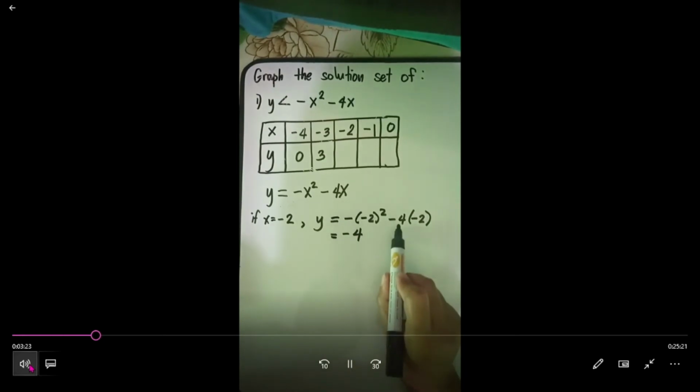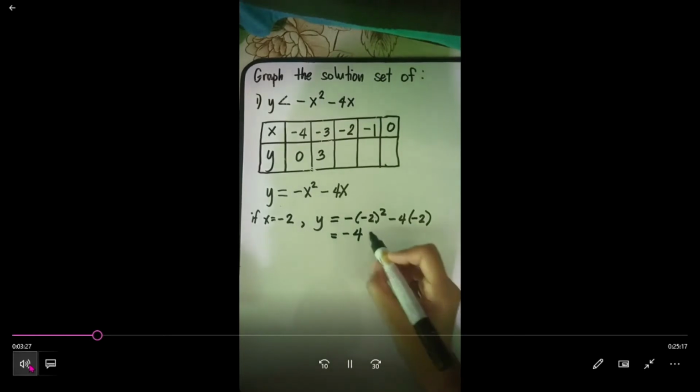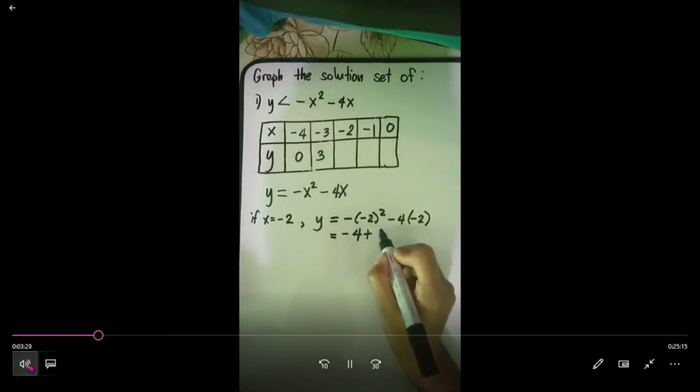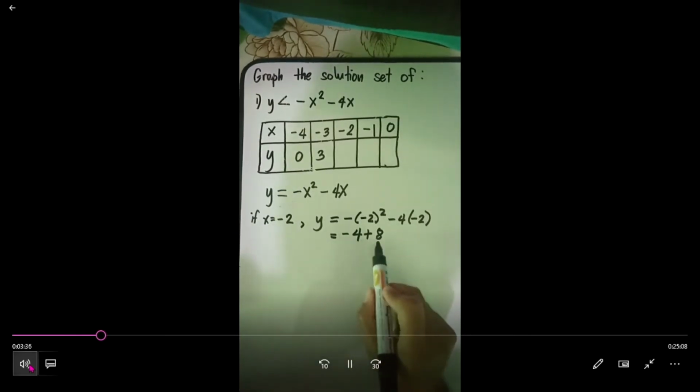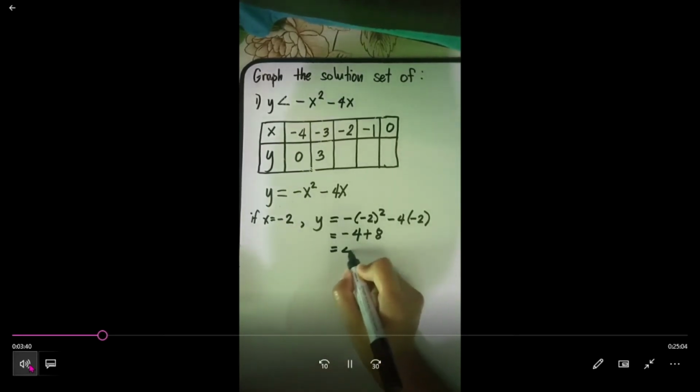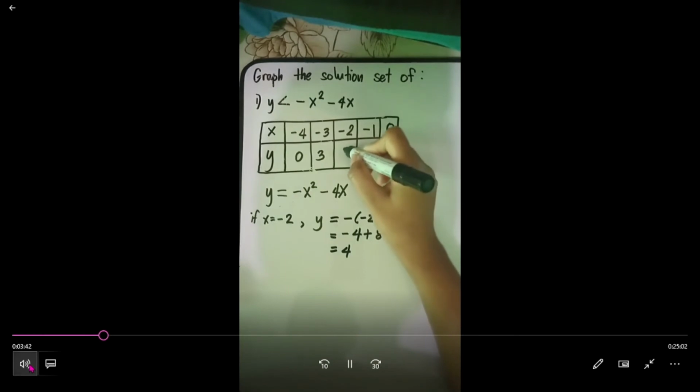Then negative 4 times negative 2, we have positive 8. So, what is negative 4 plus 8? We have positive 4. So, we are going to write positive 4 here.